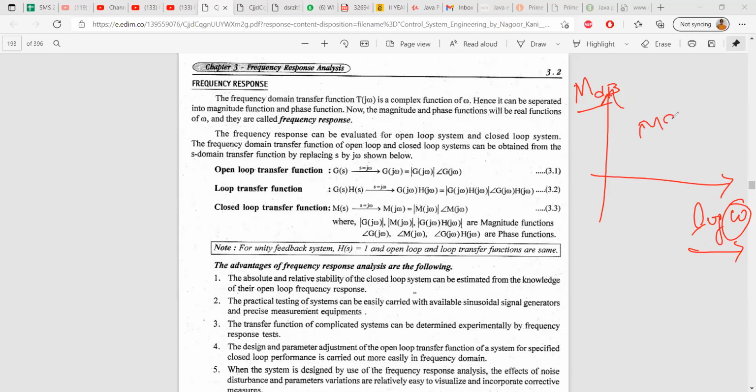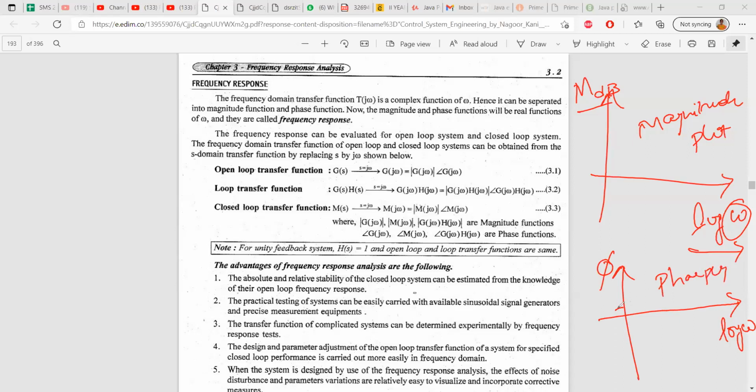This is the magnitude plot. The frequency plot is the combination of the magnitude plot and one more plot, that is the phase plot. Here also the x-axis is the same, the logarithmic scale of frequency, and this is the angle, phi. This is called the phase plot.